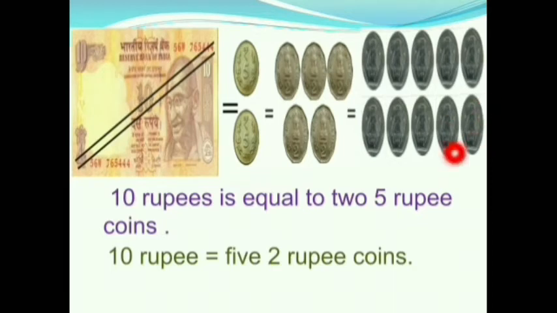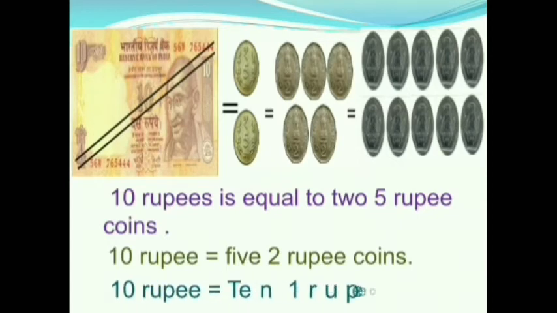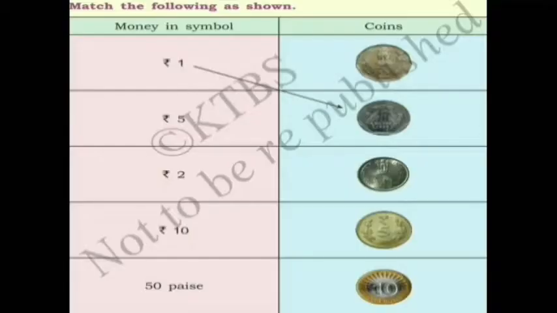What cost will we get when we add these ten coins? Yes, ten times 1 rupee is equal to 10 rupees. 10 rupee is equal to ten 1 rupee coins.